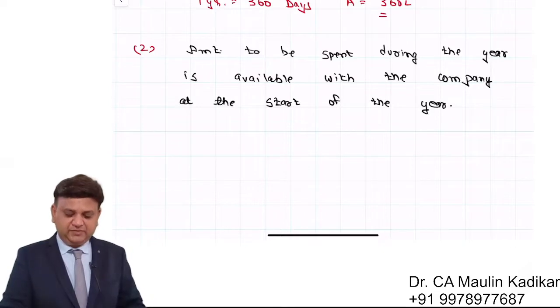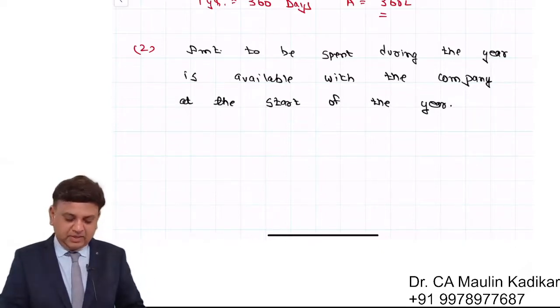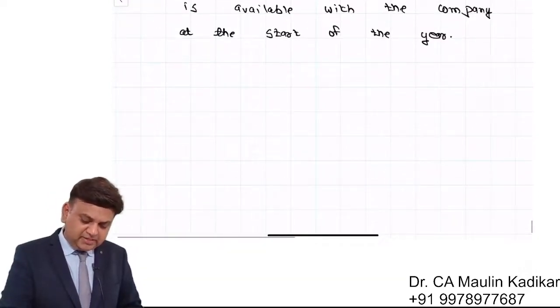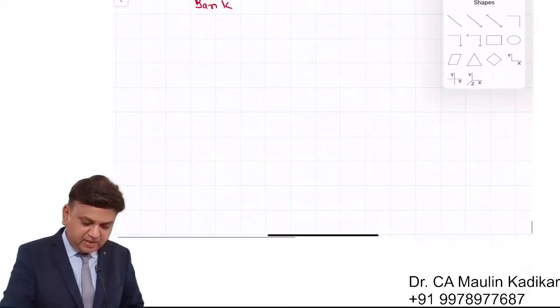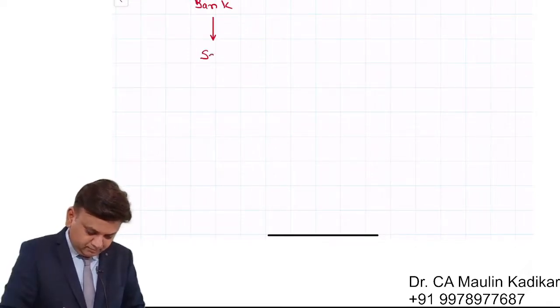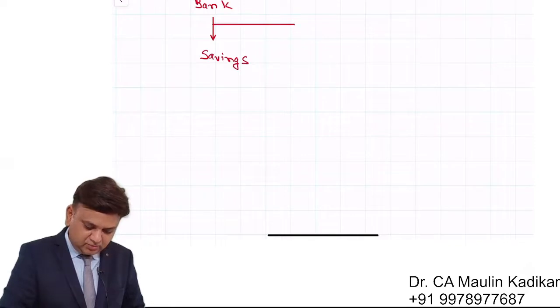That is the kind of assumption which has been made. Now, understand carefully, friends. We know that the bank is offering two types of bank accounts. One they are offering is the savings account, another that they are offering is the current account.